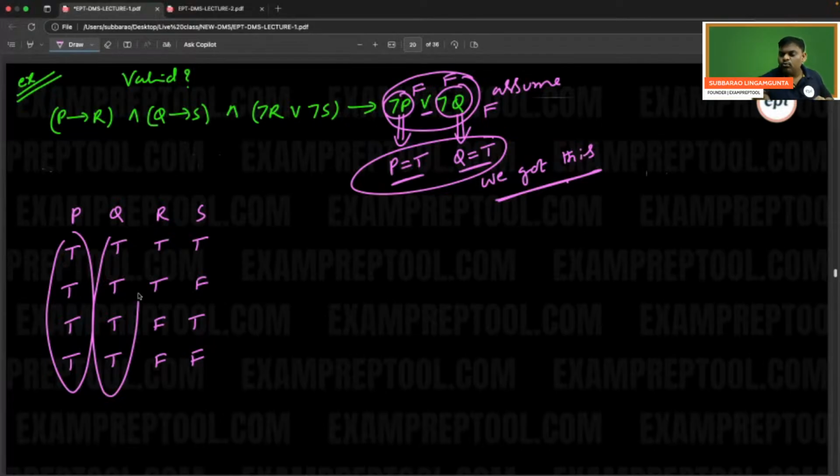So let's substitute one by one. First possibility: P true, Q true, R is true, S is true.